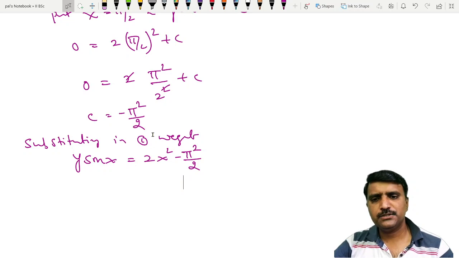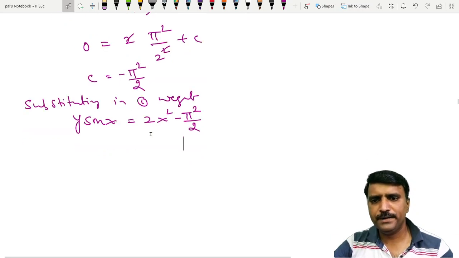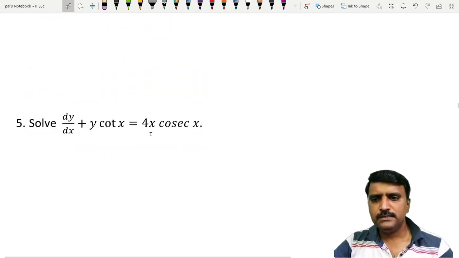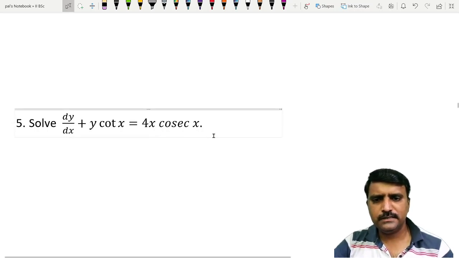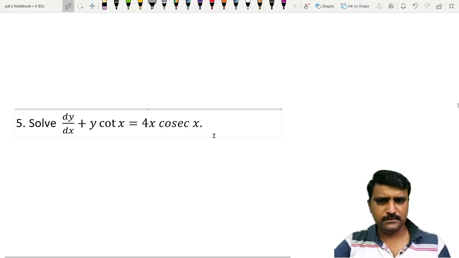See one more example, dy by dx plus y cot x is equal to 4x into cosecant x. I think we saw the same.